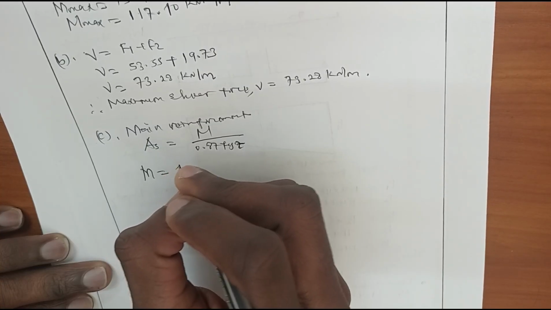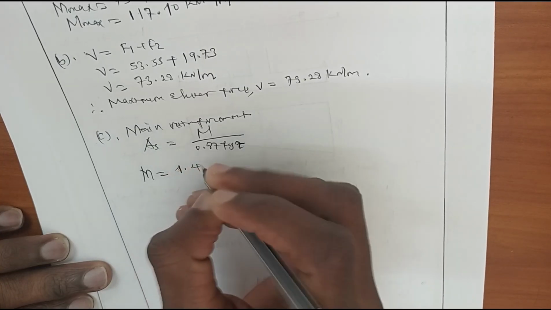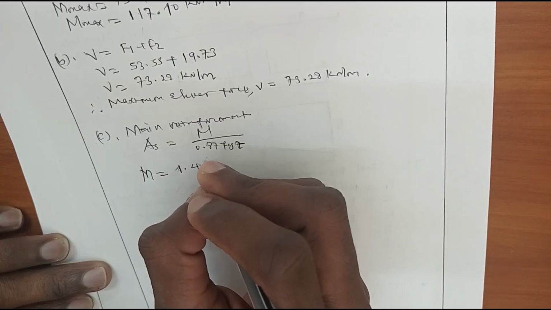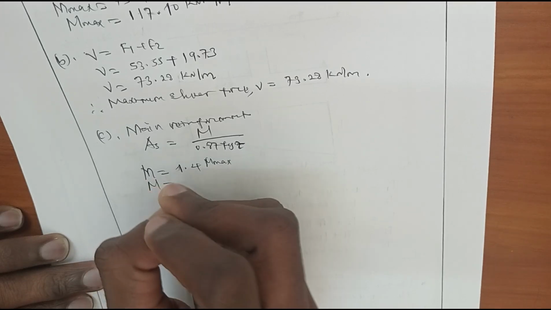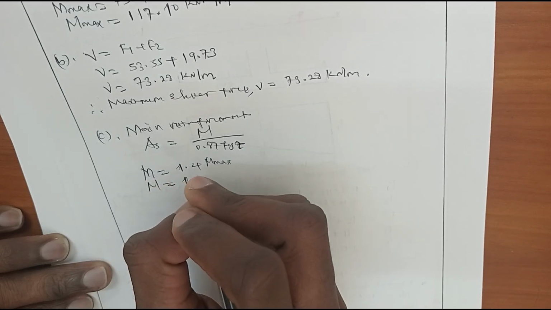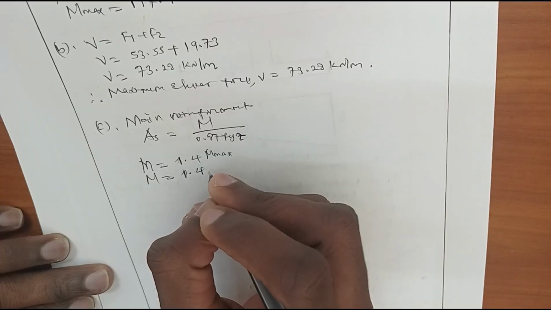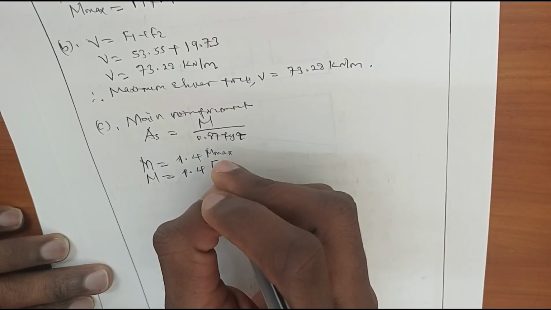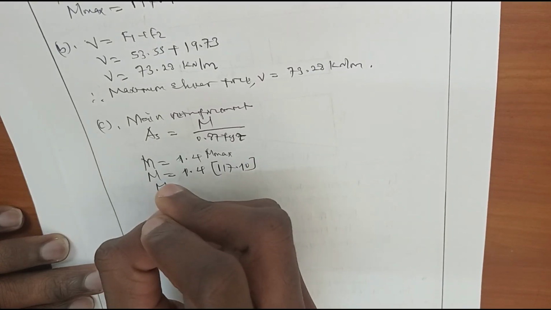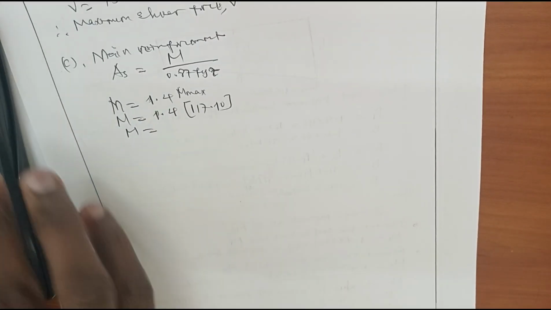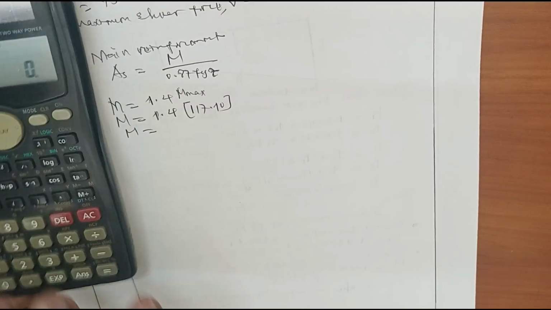So maximum design moment will be equal to 1.4 due to the dead loads times the maximum moment of the stem. So maximum design moment will be equal to 1.4 times 117.10.